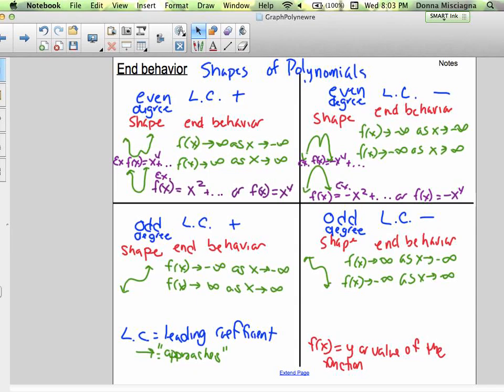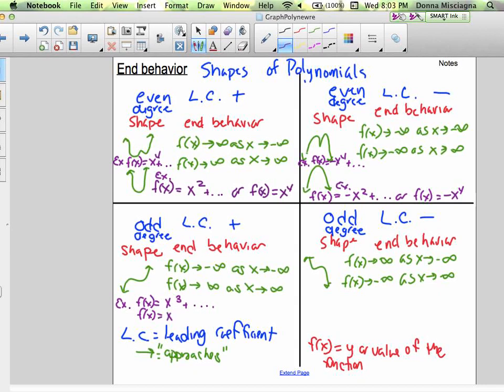I'll give us a basic equation, even though it's only one shape. So example, f of x equals x cubed, and then we could have some stuff. Or f of x equals x to the fifth, and we could have some stuff. It'll still have that S shape.